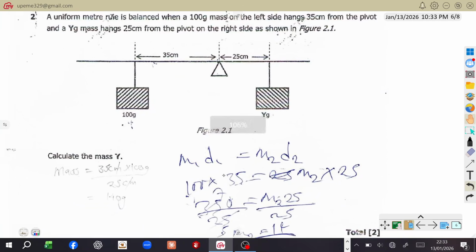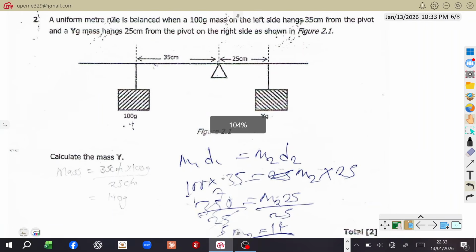So this question was like: a uniform meter rule is balanced when a 100-gram mass on the left side hangs 35 centimeters from the pivot, and a y-gram mass hangs 25 centimeters from the pivot on the right side, as shown.